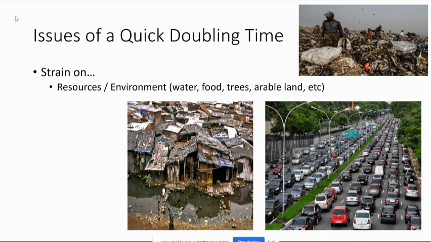But that's what people do to have to get by. So when we have a quick doubling time, remember a quick doubling time is anything probably under about 50 years. This is where Malthus's theory looks like it's a pretty good theory, but you're going to have a strain on all sorts of different resources.